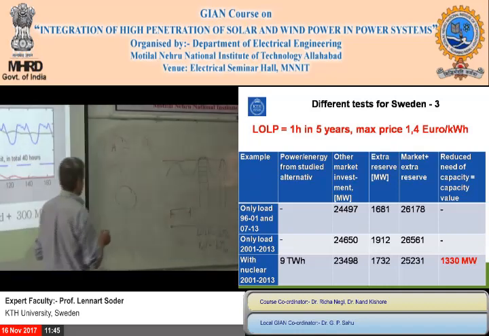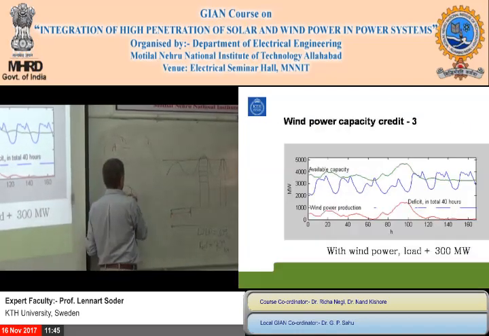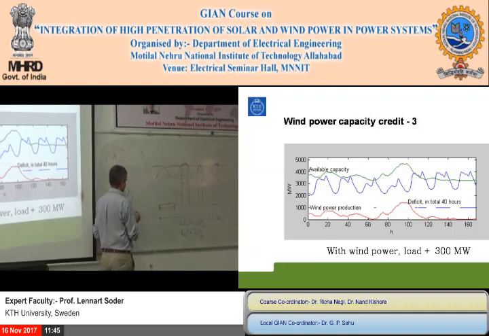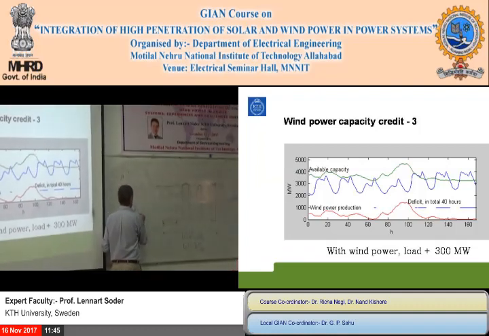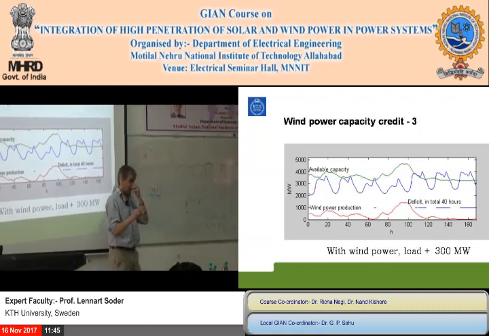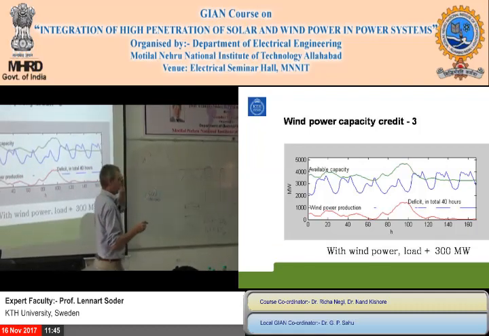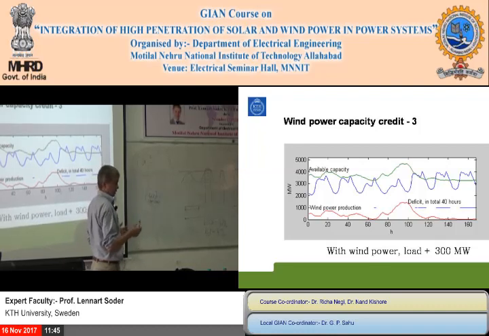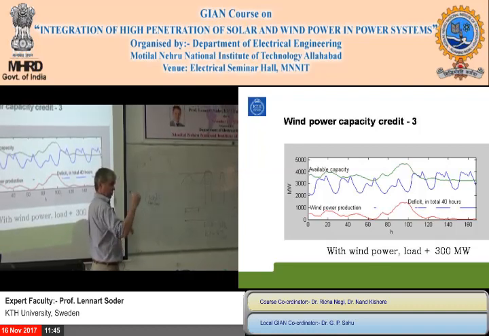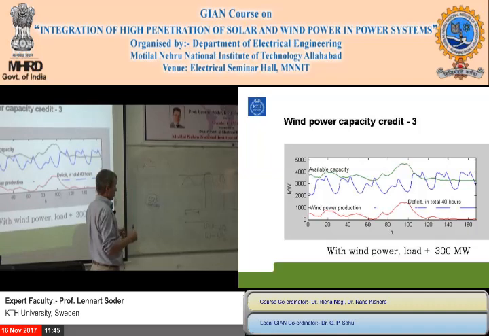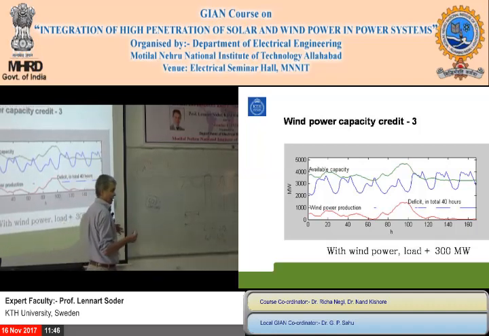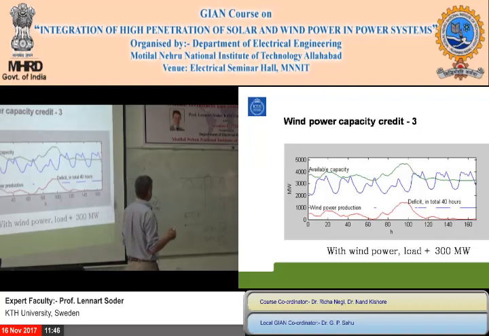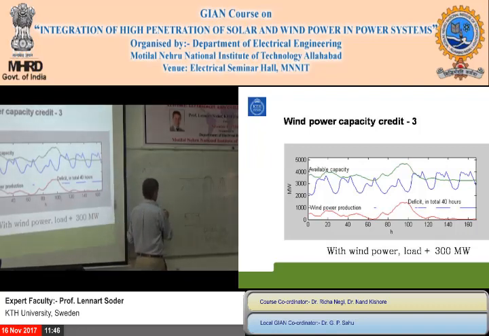So here you can calculate the capacity credit, and that you can in reality do with the type of program that I used earlier: if you increase the wind power with a certain amount of megawatt, how much does the LOLP decrease? The issue, and that is what we are doing now at KTH, is that reality doesn't look like that.